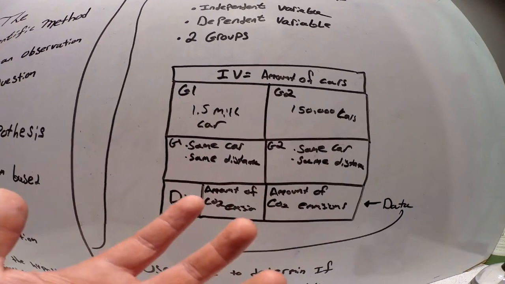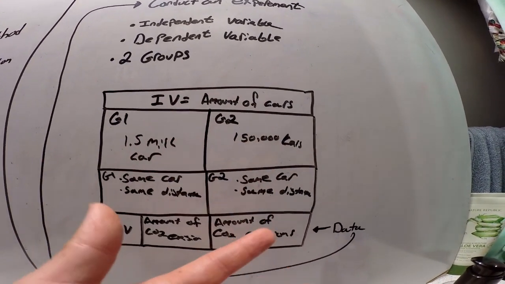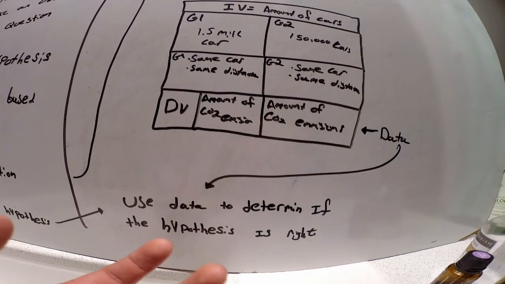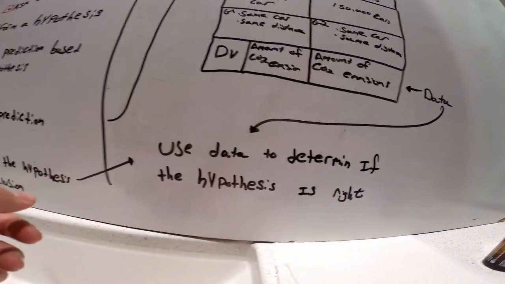I'm going to make it up. Let's say that group 2, since it has a lower amount of cars, has a lower amount of emissions, and group 1 has a higher amount of cars, so a higher amount of emissions. I could use that data to determine if my hypothesis was correct, and in this case, it was. One more thing, you have to tell me if your hypothesis was right or wrong.